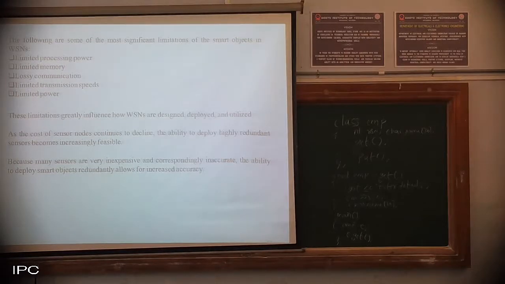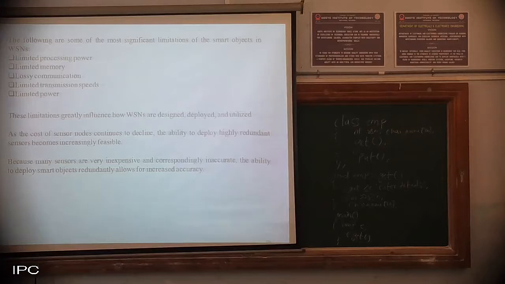Then limited transmission speed, the speed of data transmission will be reduced. Then the limited power: if it is wireless, it will not have more power to interact with the other devices. That is also one of the major limitations.